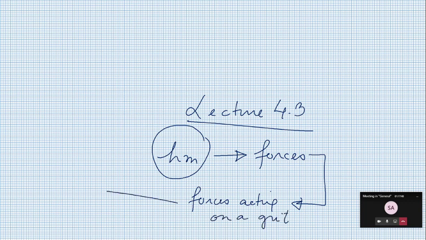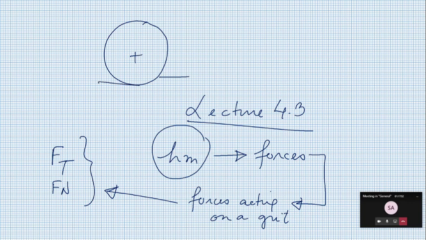There was one more hypothesis: once that is possible, the forces acting at the global level, that is the tangential and normal force acting on a wheel, we would also be able to calculate from this HM value. So let us see how we proceed in that direction.